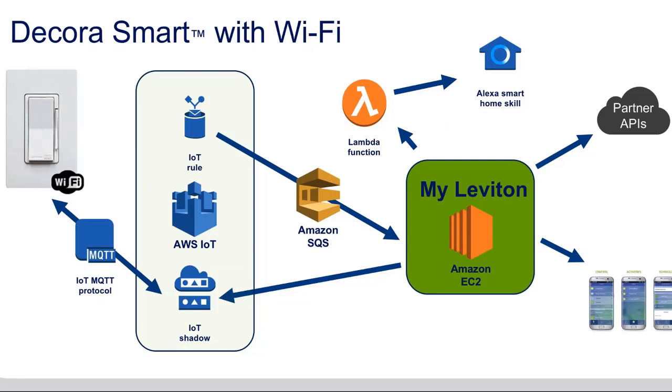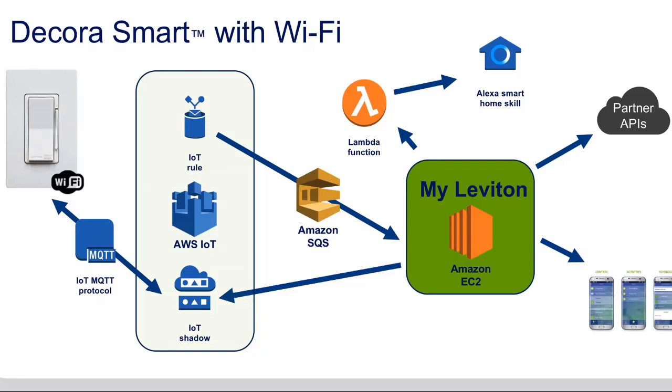And we subscribe to the appropriate queue for the event that's happened. That alerts our larger MyLeviton cloud service, which will then take action depending on the type of message received. So if a device went offline, or went online, or changed in some way, like a property got set, got turned on, got turned off, or was dimmed to a certain level manually, our service is able to take that information and act upon it. So what kind of actions?